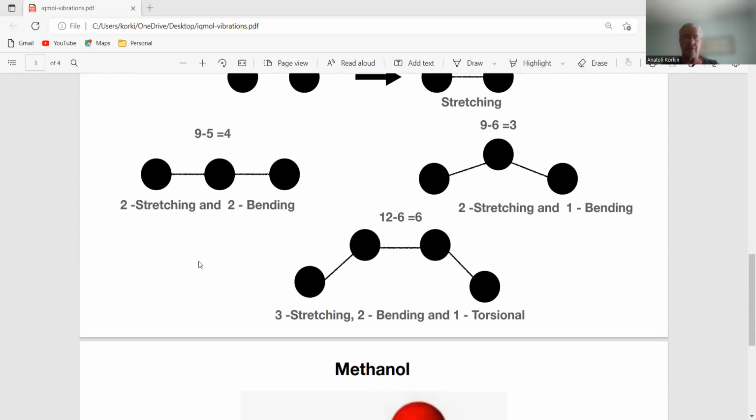The last example is for a 4 atomic molecule, total degrees of freedom 12, and we subtract the 6 degrees of freedom for the molecule moving as a whole, rotational and translational, and we get 6 vibrational modes, which correspond to 3 stretching, 1 for each bond, and 2 bending for these 2 angles, and 1 torsional along this middle bond.